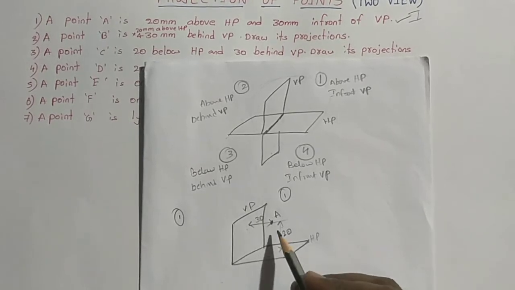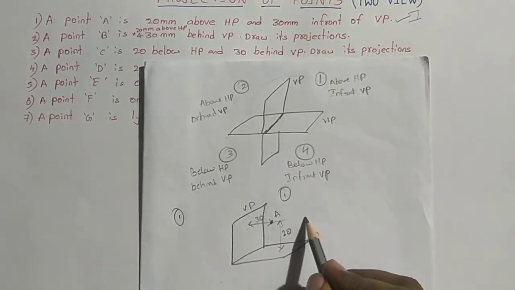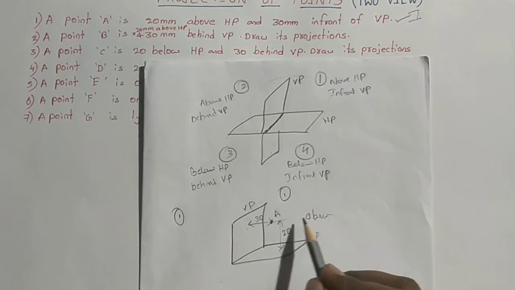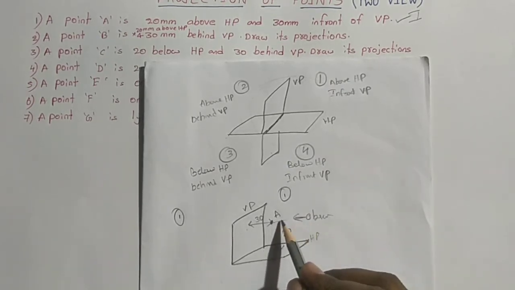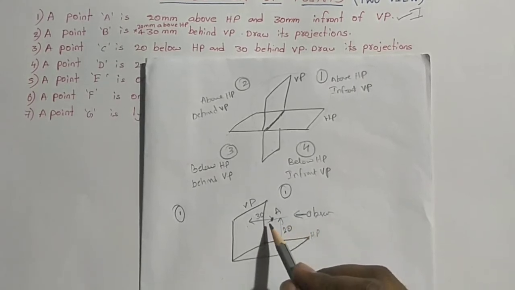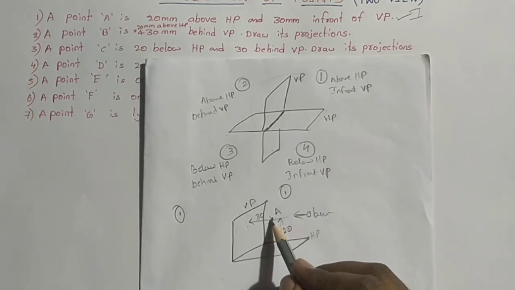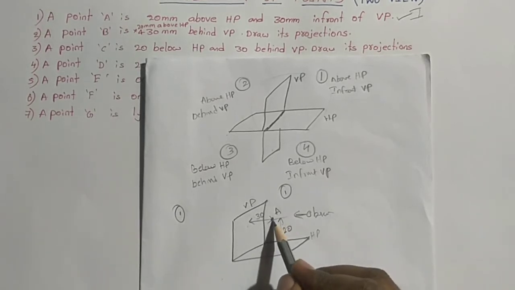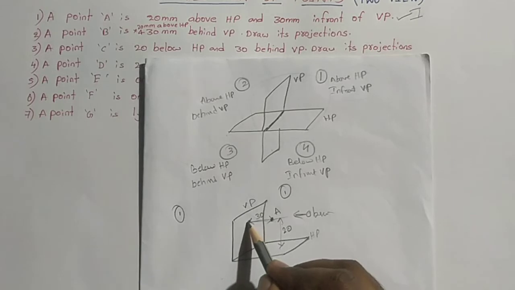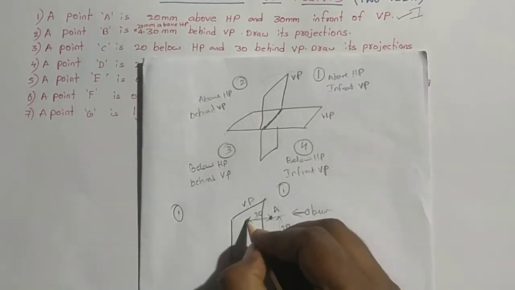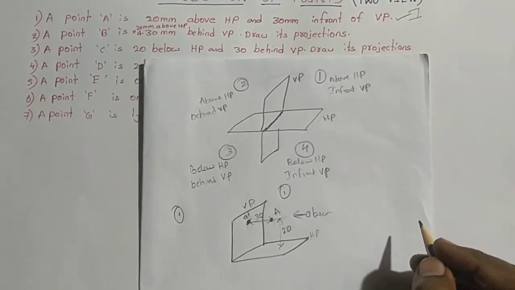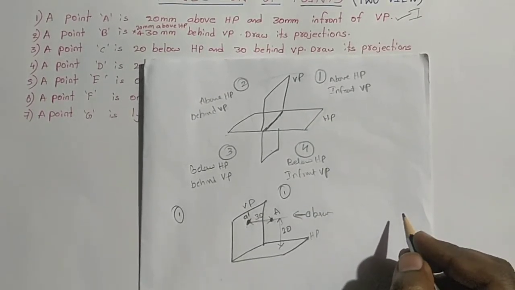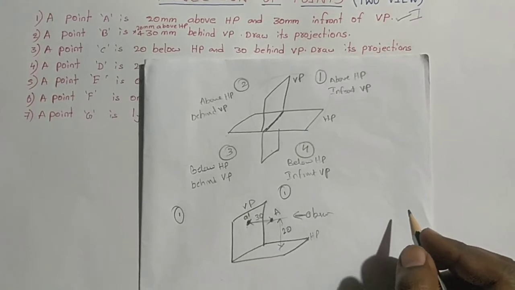Suppose the observer is here, and we view the projection from this side. If you observe this point from this side, in front of VP, the projection of this point falls on the vertical plane. It is the front view. I already said front view is denoted by dashed letters and top views are denoted by small letters.